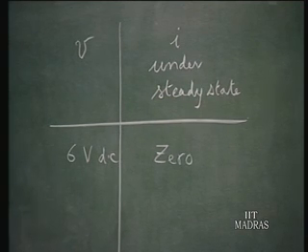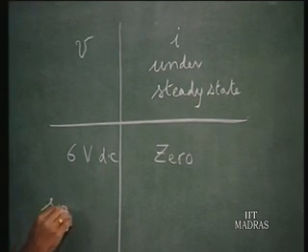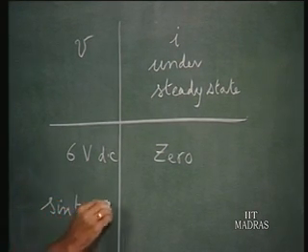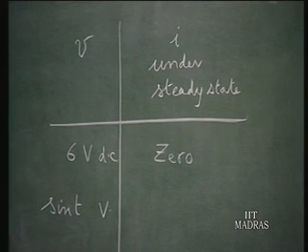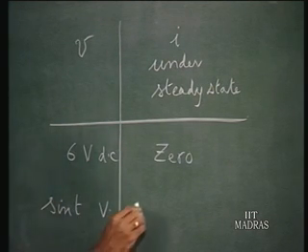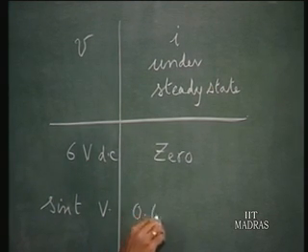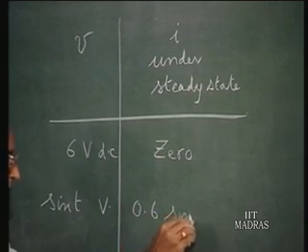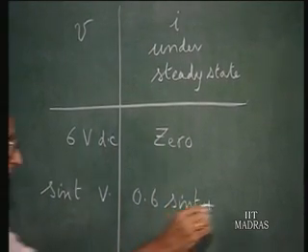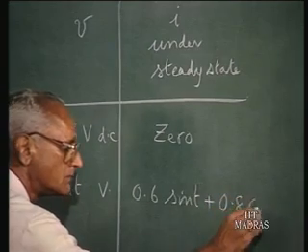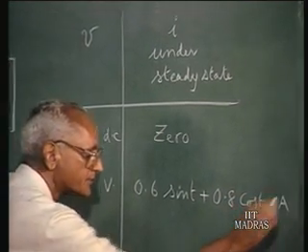Now, a second excitation is when the input voltage is sin t volts. If you drive this 1-port network with a sinusoidal voltage source sin t, the steady state current is 0.6 sin t plus 0.8 cos t amperes.